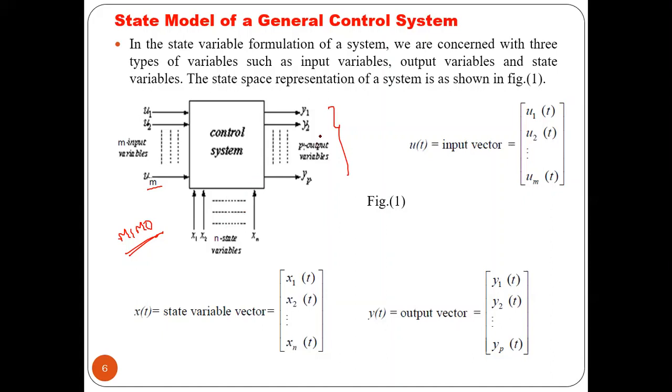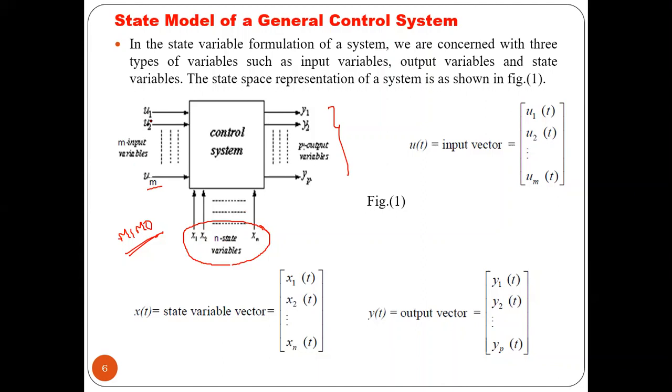In order to get these y variables, the intermediate behavior of the system is described by the state variables. Here n number of state variables are there for this given control system: x1, x2, and so on up to xn.